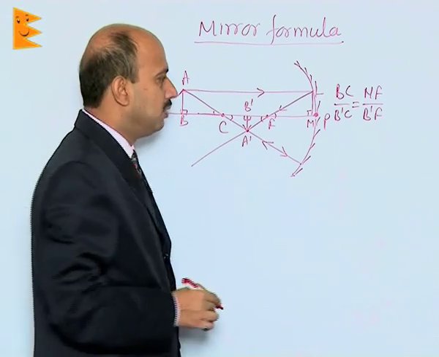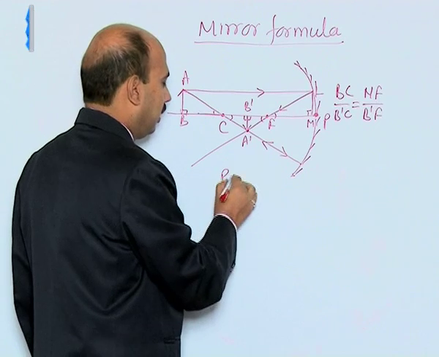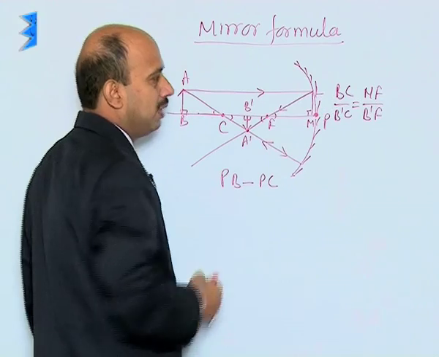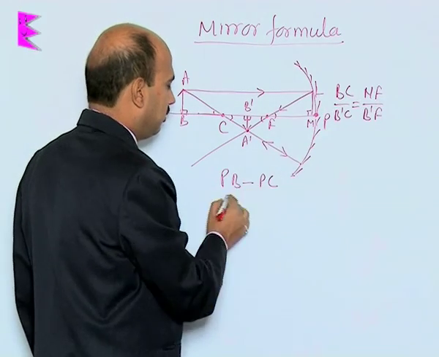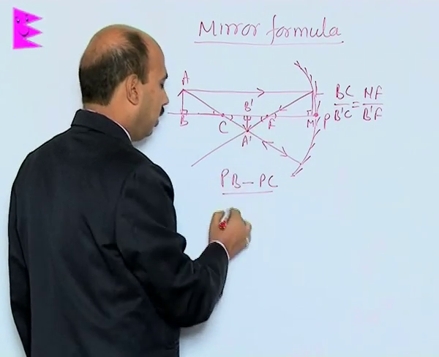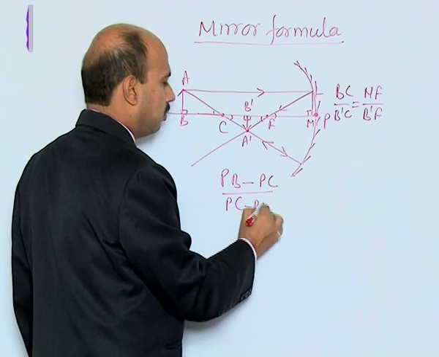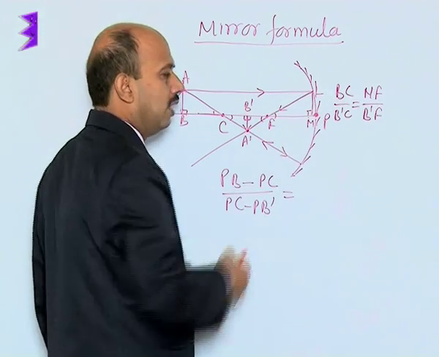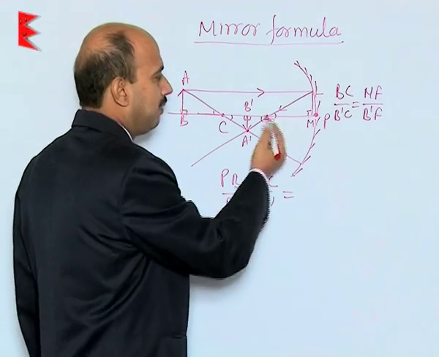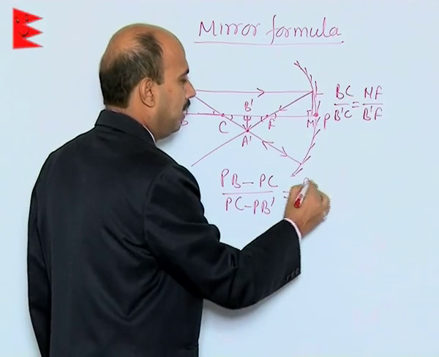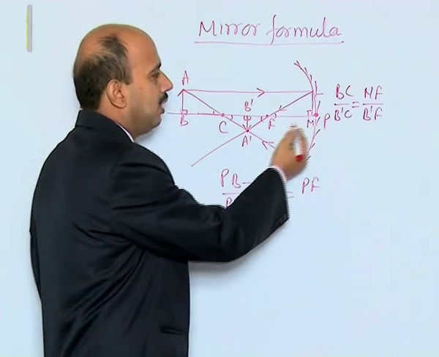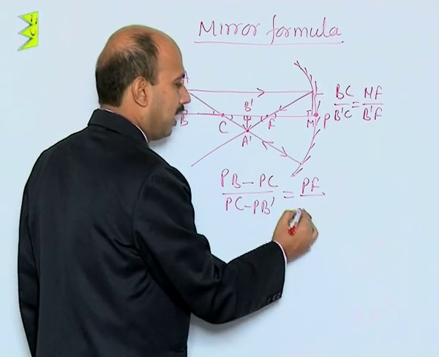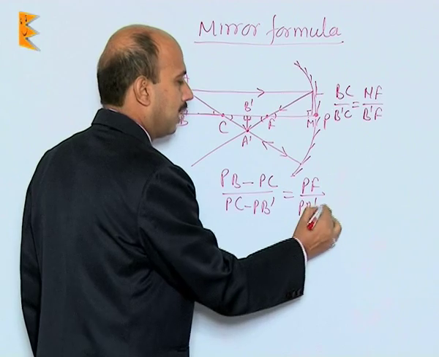BC can be written as PB minus PC. B dash C can be written as PC minus PB dash. MF is the focal length. We can write MF as PF, because M and P are very close to each other because of the small aperture, and B dash F can be written as PB dash minus PF.